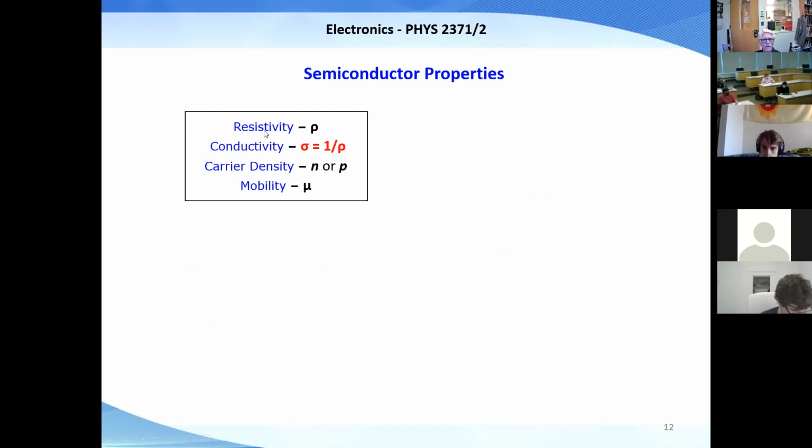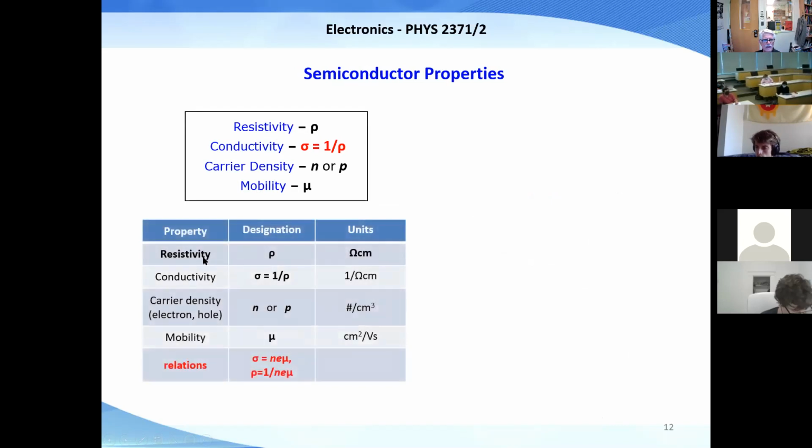Semiconductor properties. We talked about resistivity. Conductivity is the reciprocal of resistivity. Carrier density and mobility have particular units. Carrier density is usually the number of electrons or holes per cubic centimeter.